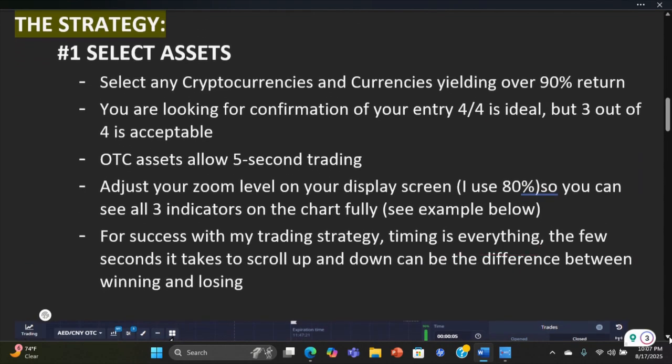Okay. In terms of the strategy, first and foremost, you can trade any asset. Typically, where I find success is with cryptocurrencies and the currencies. Now I have here, anything yielding over a 90% return is what you want. I focus solely on 92% just to get the most.